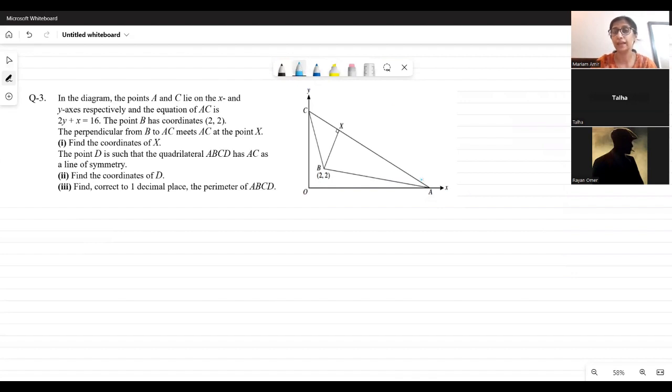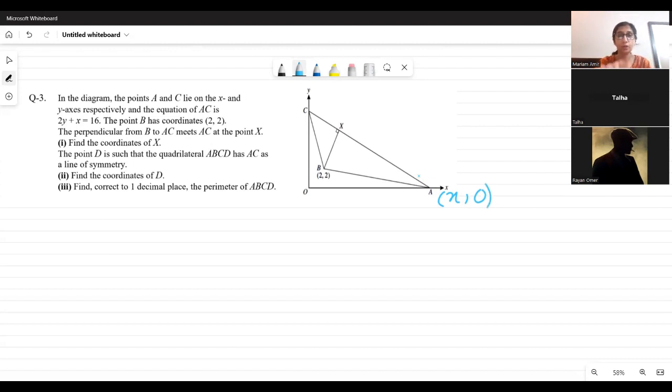Okay, so if A lies on the x-axis, what do we know about it? That means y is 0. I said that means y is 0. Yes, y is 0. So let's say this, the coordinates of A would be x comma 0.